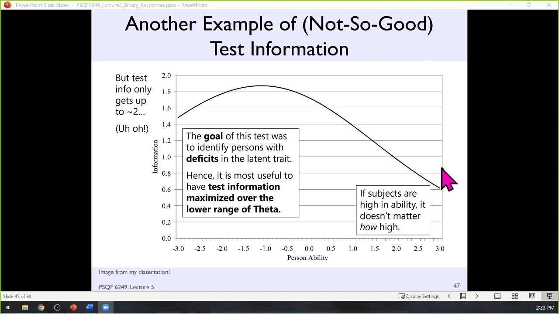It wasn't until I started teaching this material like a decade later that I looked at this y-axis and went, huh, shit. So I have information that peaks at just under 2. Is that good?